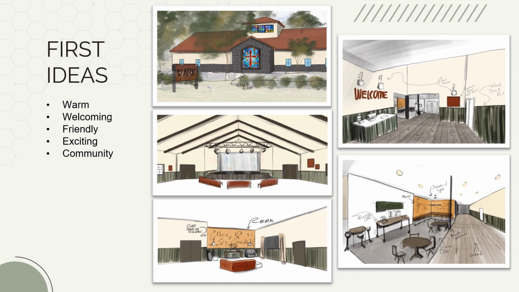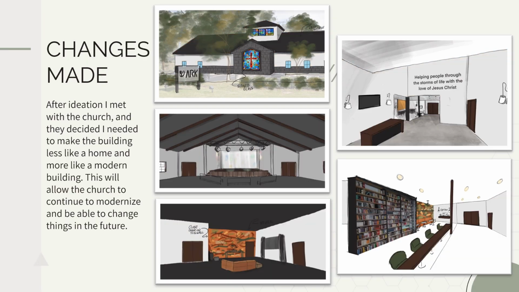With all those things in mind, I developed some of my preliminary ideation ideas with this mood board and design drivers in mind. It's very warm, friendly, gives a home feel vibe, and I then developed and presented this to the church.